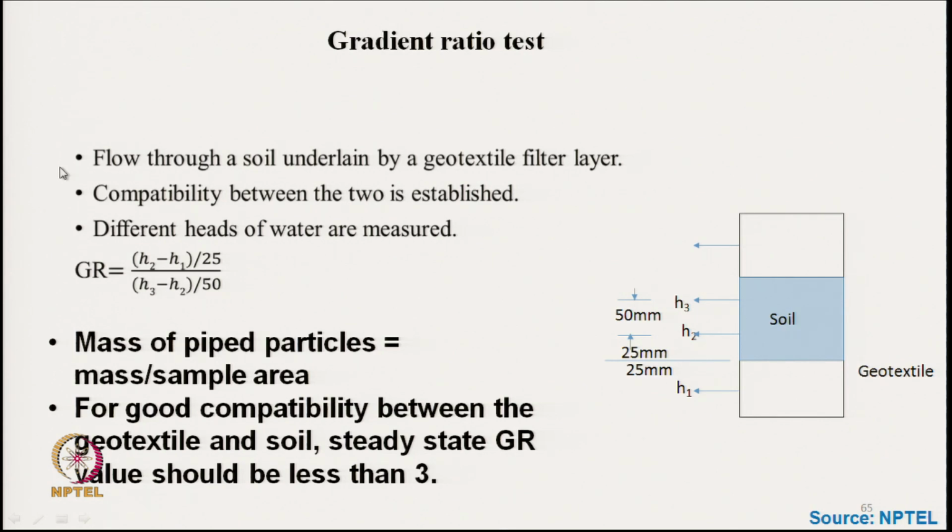So, when the geotextile is laid in the soil, in that condition the actual flow is measured. This is the technique where the soil as well as geotextiles are placed together.